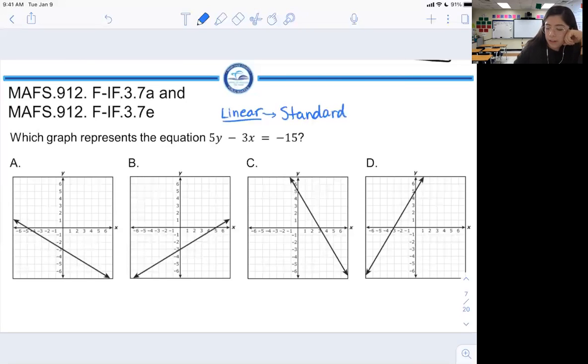Let's review that really quickly. Standard form is ax plus by equals c. So this one's definitely in standard form. What's another type of form for linear functions? Let's just review all 3 of them right now. What's another form?